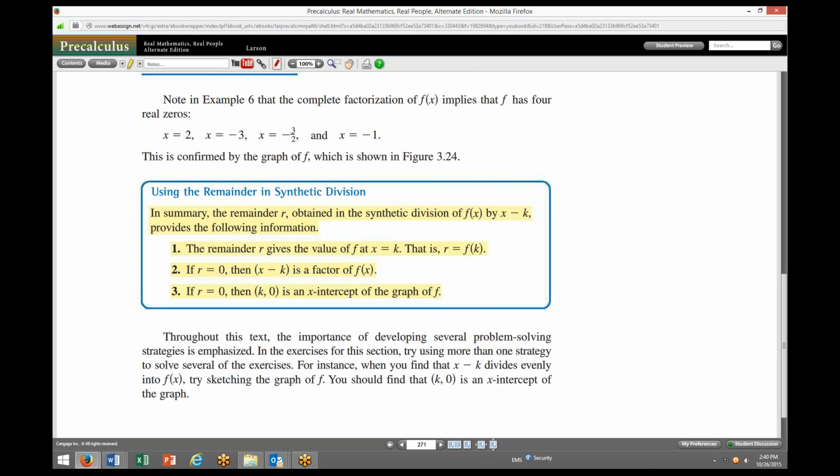And if the remainder comes out to be 0, then you know that that number is a 0 of the function. Or if you just plug in that number for x into the function, and if the entire expression comes out to be equal to 0, then you know you have a 0 also. And you also know that you have an x-intercept at that particular value of x.